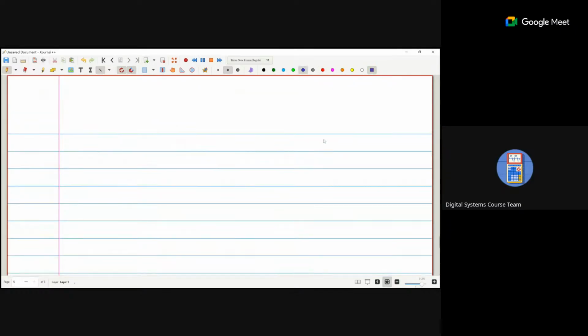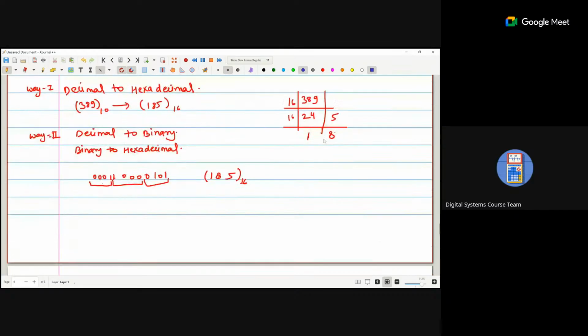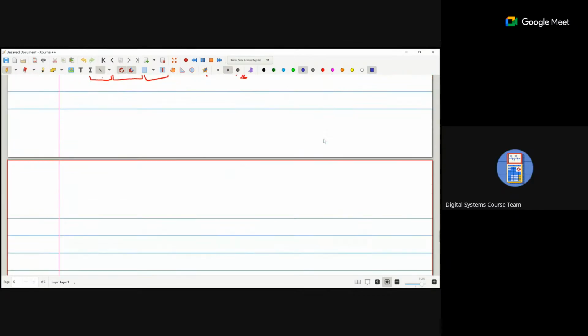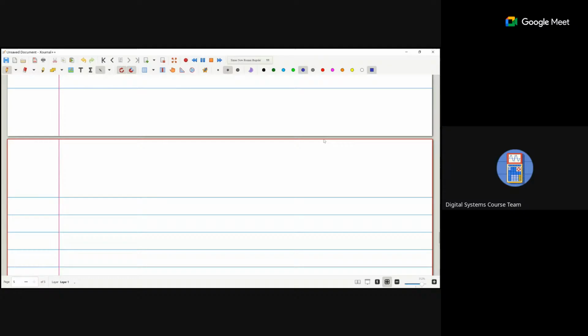Okay. Now hexadecimal to decimal, again same method. Hexadecimal to decimal. Same method, like for example 185 base 16.